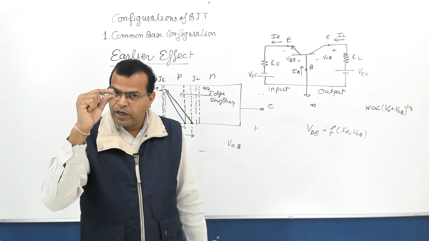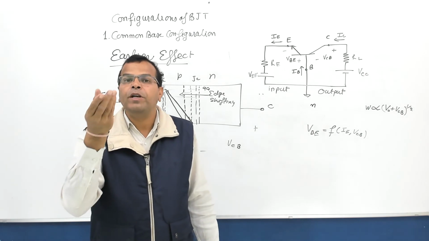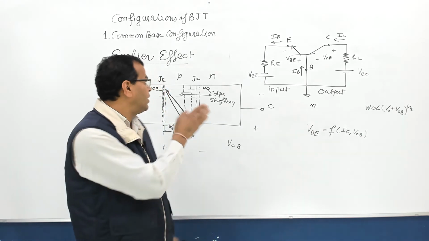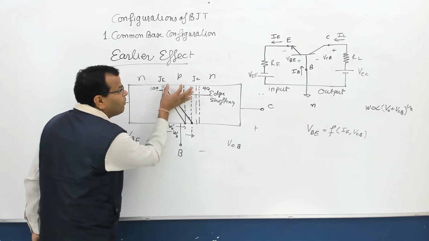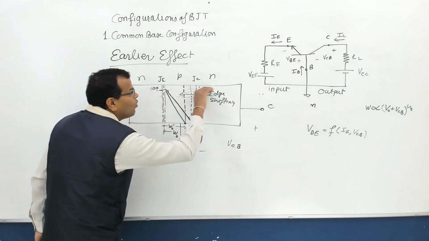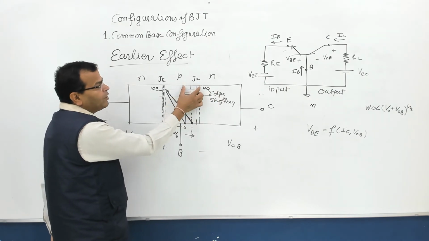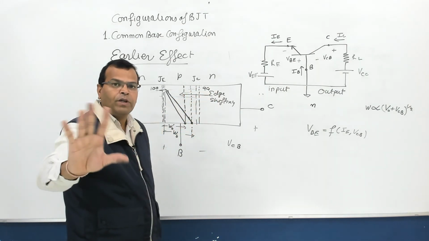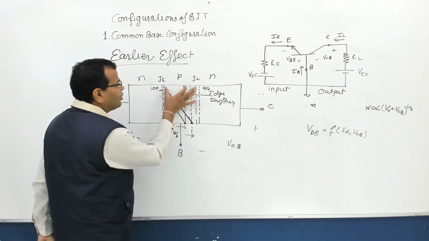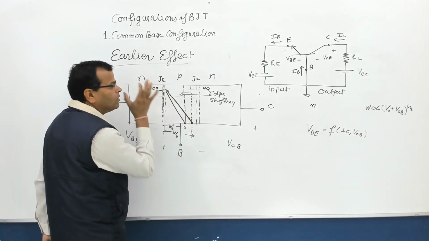If width is already narrow, so the possibility of recombination of the minority carriers which are being ejected in the base region will be less, and more carriers will be reaching, because once the carrier enters into the depletion layer, I am assuming there is no recombination. Recombination occurs only in the neutral region.